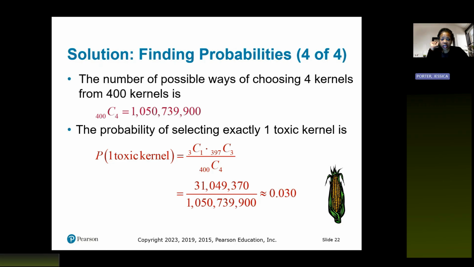So these problems, if you notice, this 400 equals this 397 and 3. When you have problems in this format, these numbers are going to add up together. 3 and 1 is 4.